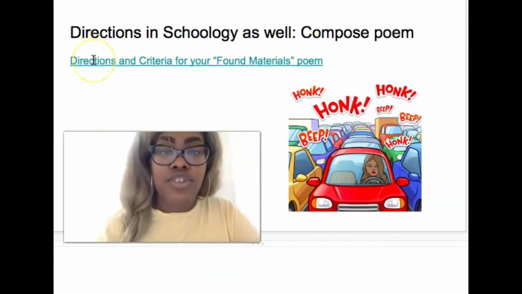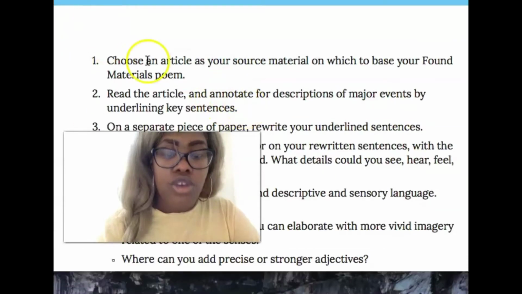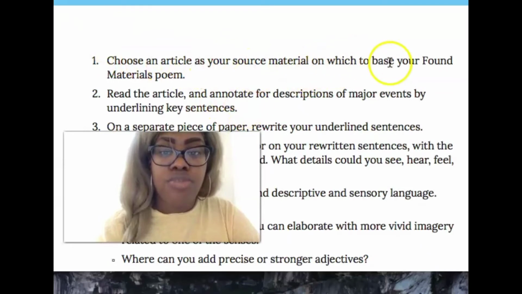So let's look at the directions and the criteria for your found materials poem. You're going to choose an article as your source material on which to base your found materials poem. So what I mean by choosing an article is like a newspaper article. You're going to read the article and annotate for descriptions of major events by underlining key sentences.